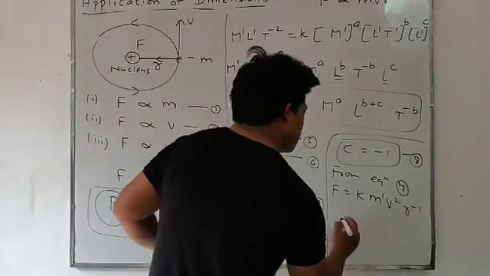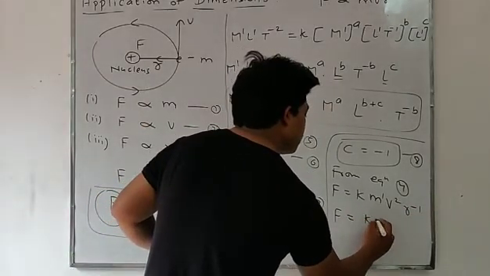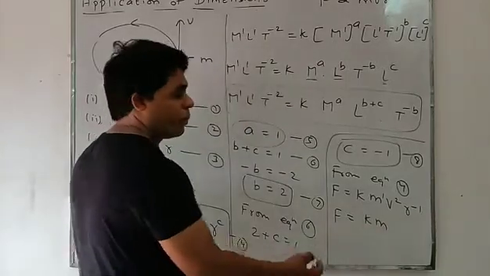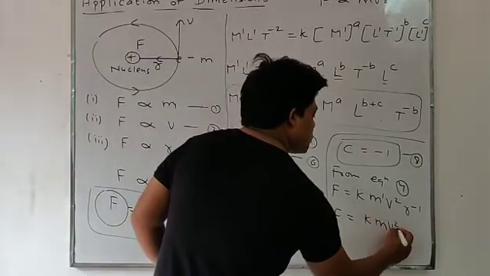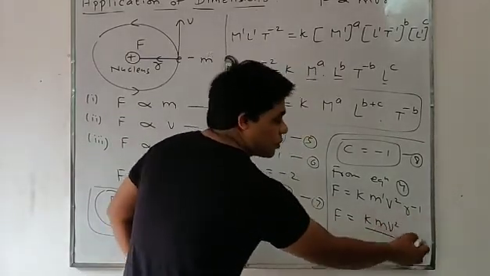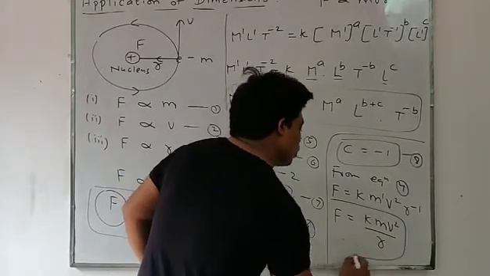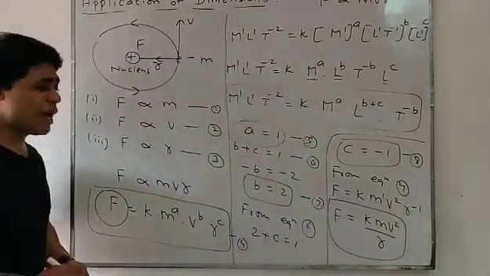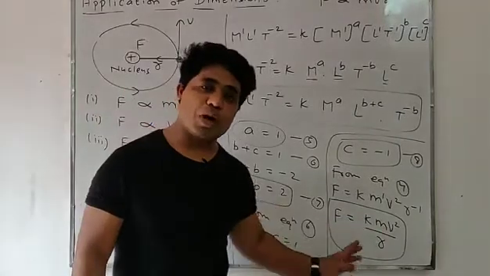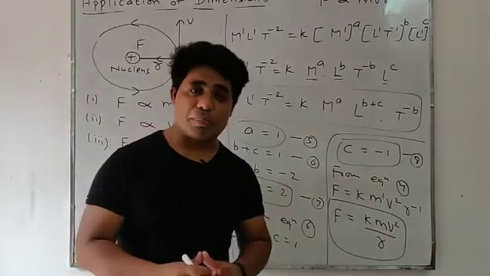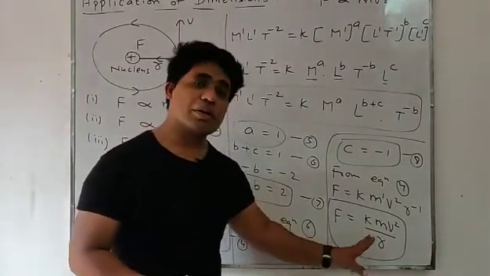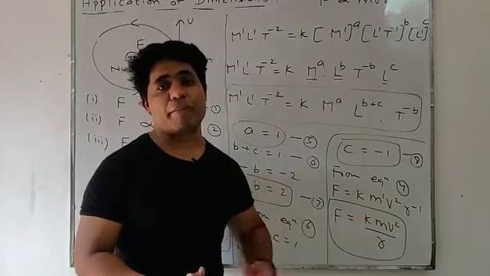So R power minus 1. Arrange it. F equals K M, no need to write power 1. This is V square. Transfer R minus 1 downwards. So we got the formula as F equals K m v square by R. This is the formula of centripetal force. We got the relation between physical quantities using the dimension method.